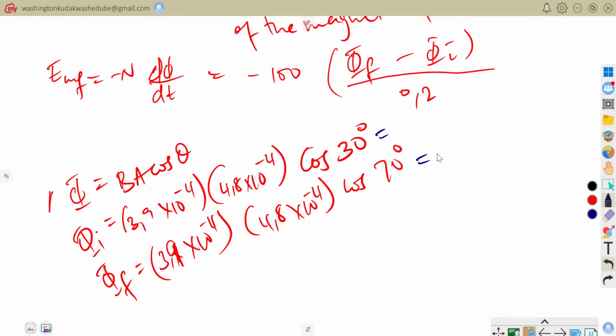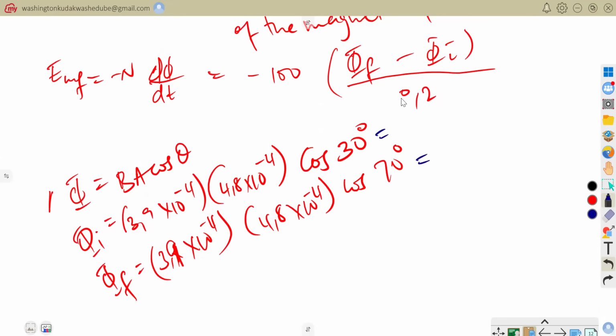So 3.9 times 10 to the power negative 4, and then times 4.8 times 10 to the power negative 4 as well, and then times cos 30.